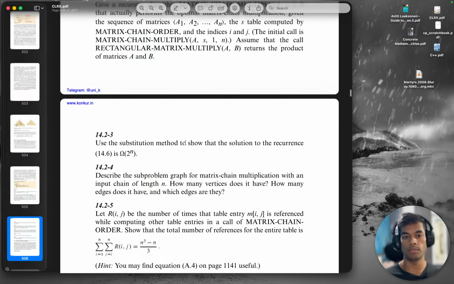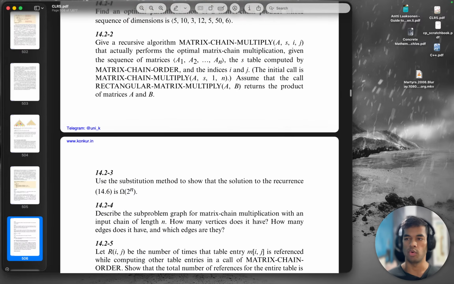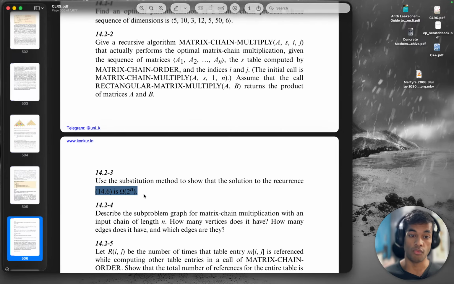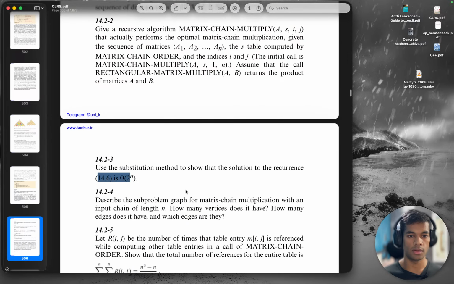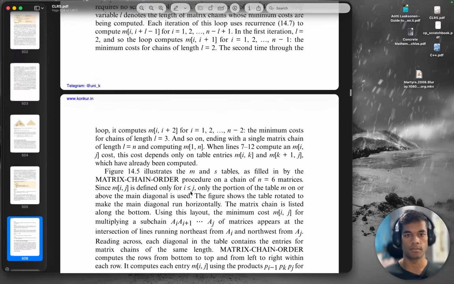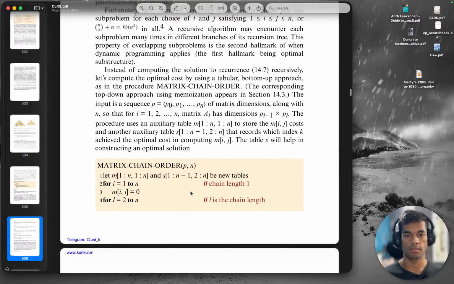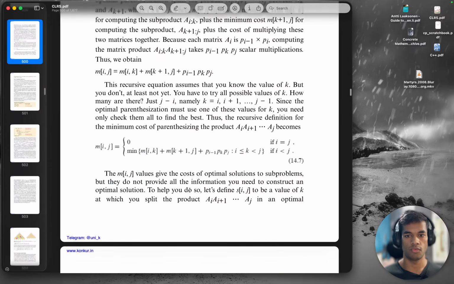Use the substitution method to show that the solution to the recursion is this. Okay, 14.6, and the solution to this is this, and omega is worst case. No, omega is average case. I have to work on big O notation. Recursion 14.6, which is this one.